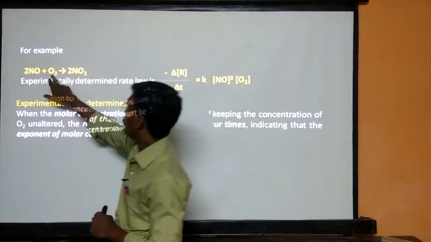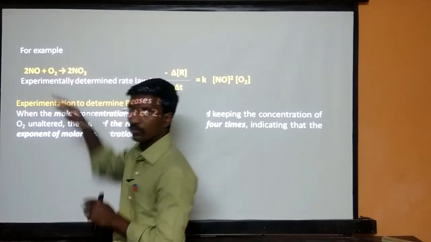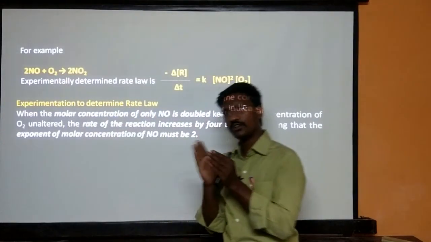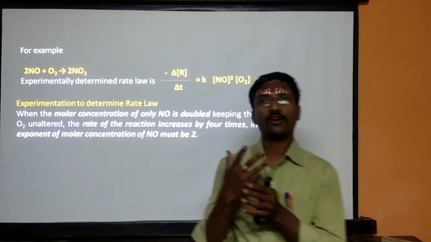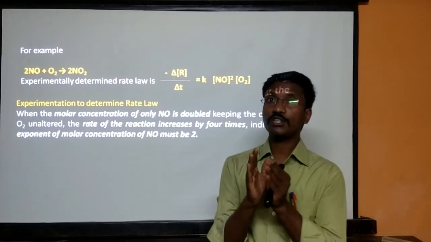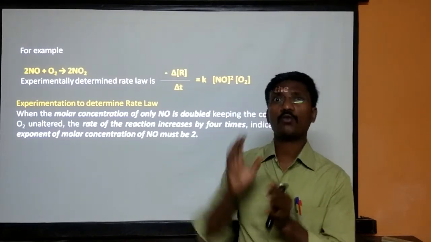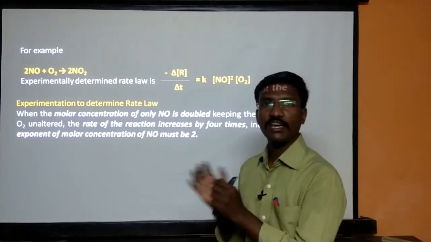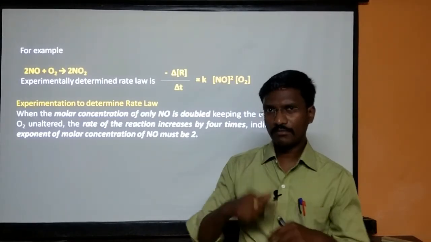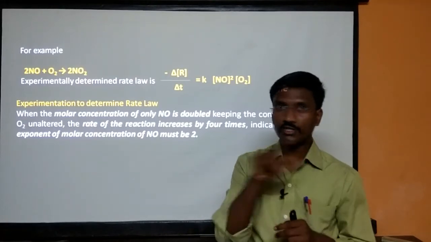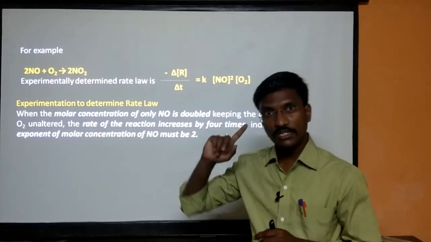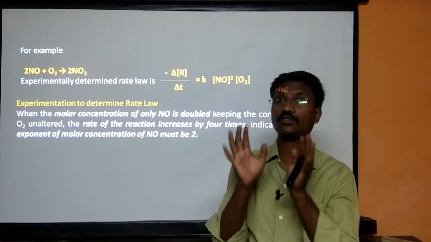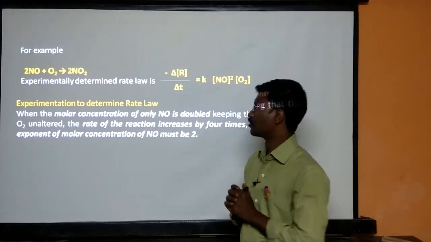Another time, we double the concentration of O2. Whenever I use the word concentration, you can imagine a quantity. When the quantity of the reactant is doubled, the rate of the reaction increases. I am saying that to help you understand; you are not supposed to use the word quantity.